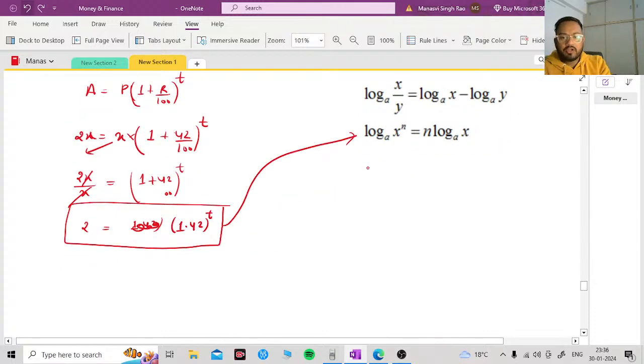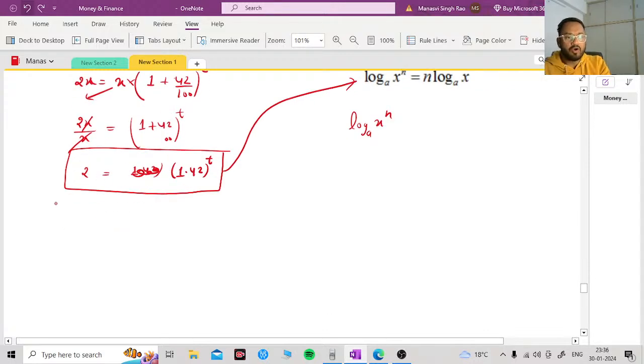See, log की एक प्रॉपर्टी होती है, अगर log a x to the power n है, तो मैं क्या करूँगा, अभी मैं इसको कैसे सॉल्व करूँगा देखना. Taking log both side. First of all, I will write taking log both side. Done. Now if I take the log both side, I will write log 2 is equals to log 1.42 to the power t, right?